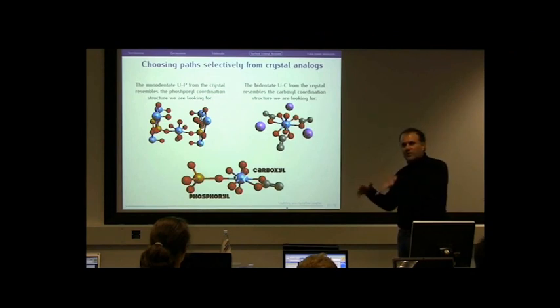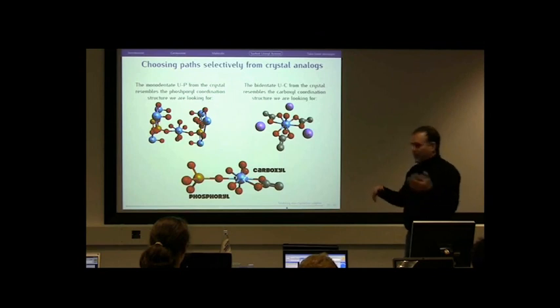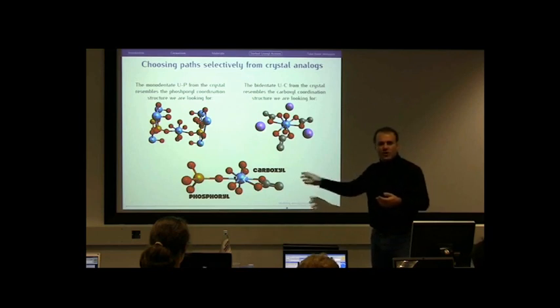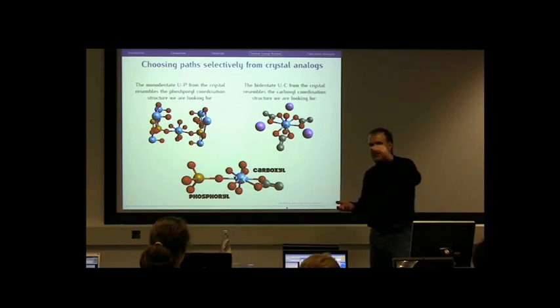She then also included a parameter in the fit that allowed the relative proportions of phosphoryl and carboxyl to vary as a function of pH, because at low pH, and I can't remember off the top of my head which way it goes, one of those two binding sites is preferred, and as you raise the pH, that binding site becomes depopulated and the other binding site becomes increasingly populated.